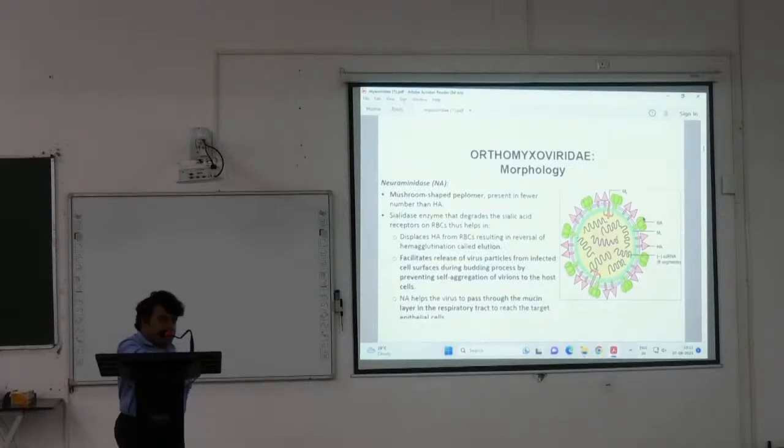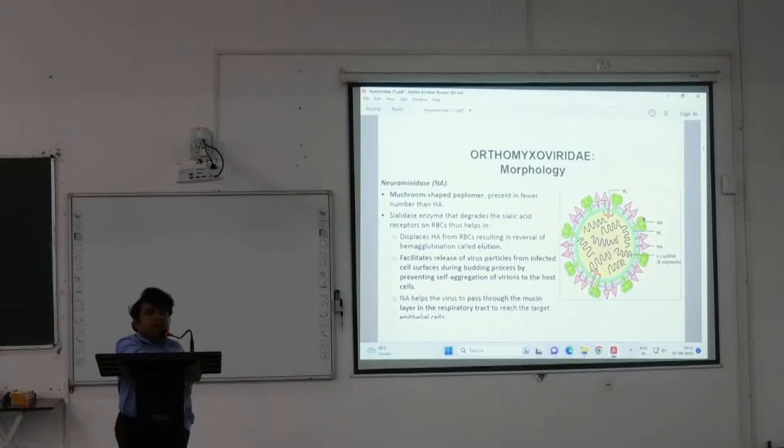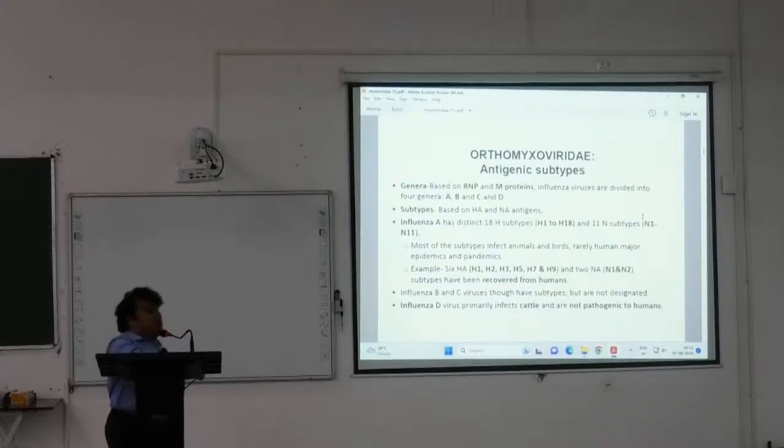Okay, I'll explain later on. So what happens is, this facilitates the virus entry, then the virus replicates inside the cell, and with the help of this receptor, they cause cell lysis and the virions escape into the environment. Okay. So these are the two main important receptors.